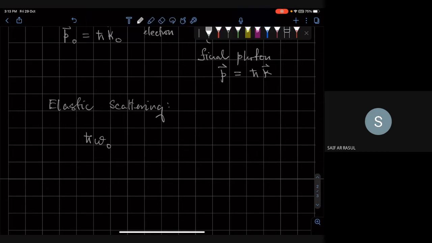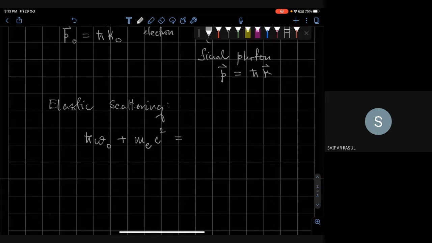So it's h bar omega naught, the photon energy. And then we have, well, it's actually the total energy that has to be conserved, right? And the electron, because we're now dealing with a relativistic particle, has some rest energy, which is given by the mass of the electron times c squared.